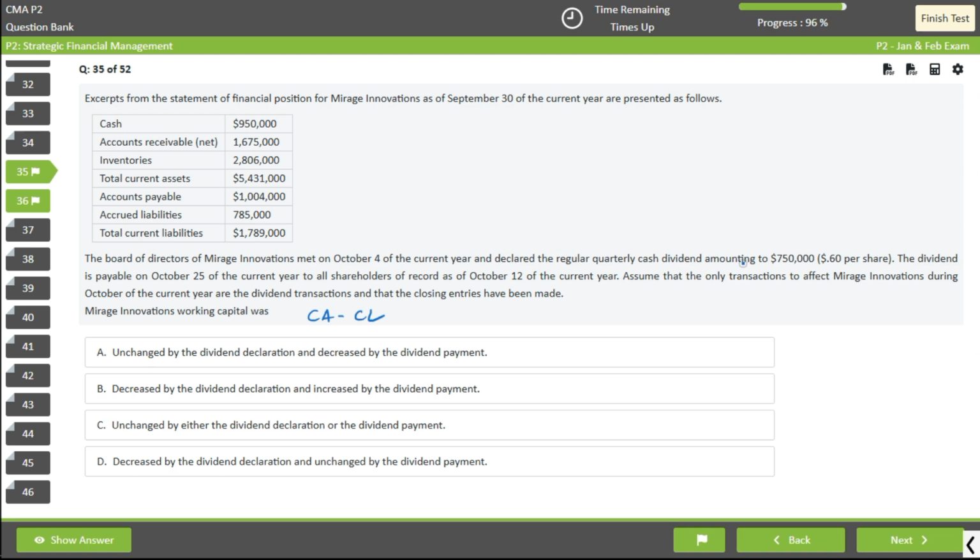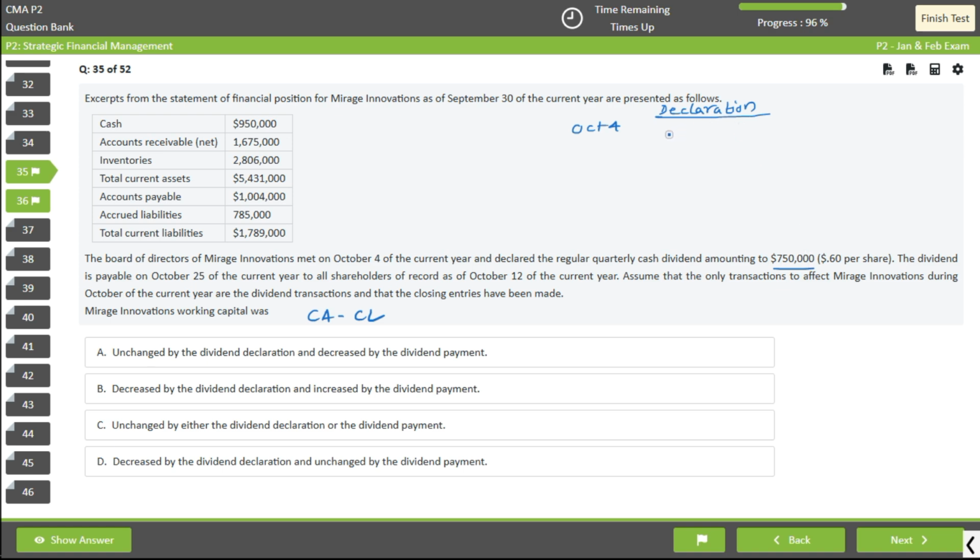So on October 4, we are declaring a cash dividend amounting to 750,000.